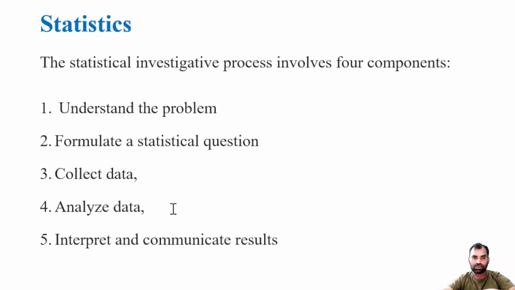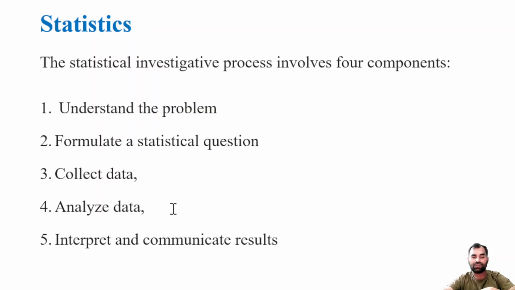To answer this question, we gather the data. For data collection, we can use different resources. We can use primary data by conducting interviews and designing surveys, and we can also fetch secondary data from different web sources.